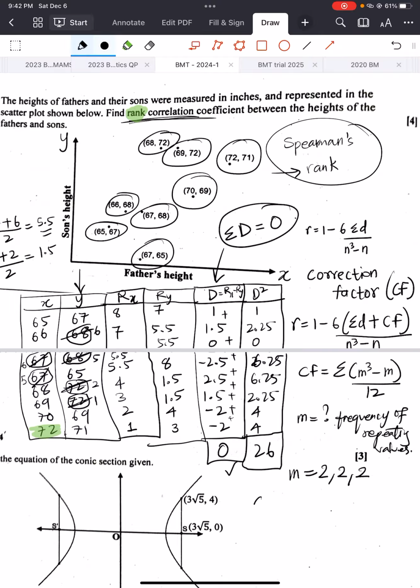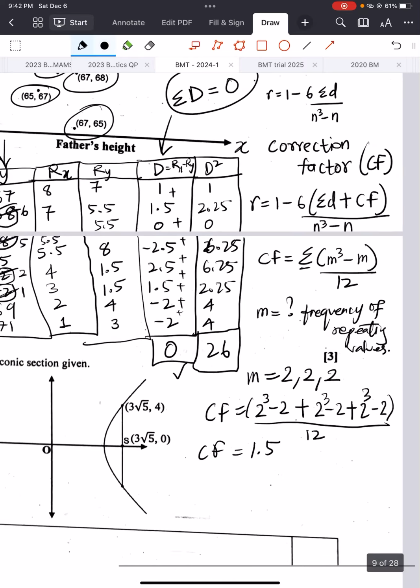So you can find the correction factor. m is 2, so 2 cubed minus 2. Summation means add, right? Again m value is 2, so 2 cubed minus 2. Again you add another m value, that is again 2, so 2 cubed minus 2, divided by 12. Get this value from your calculator, you will be getting 1.5.